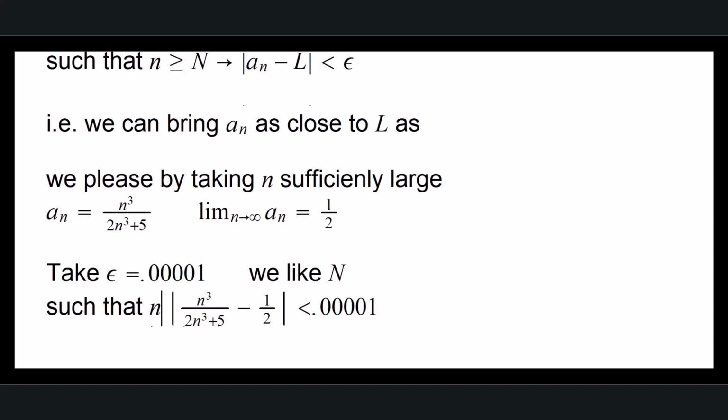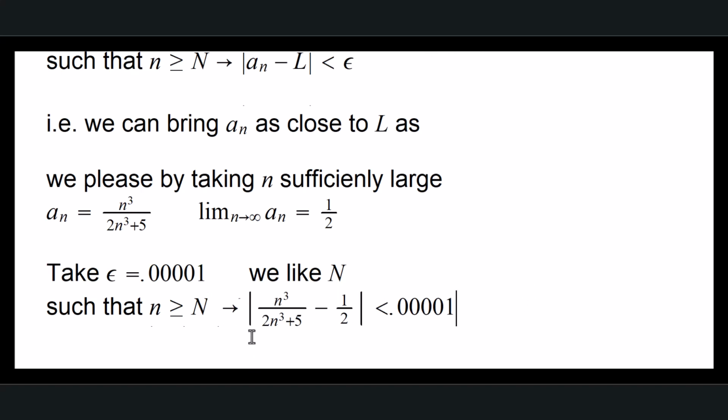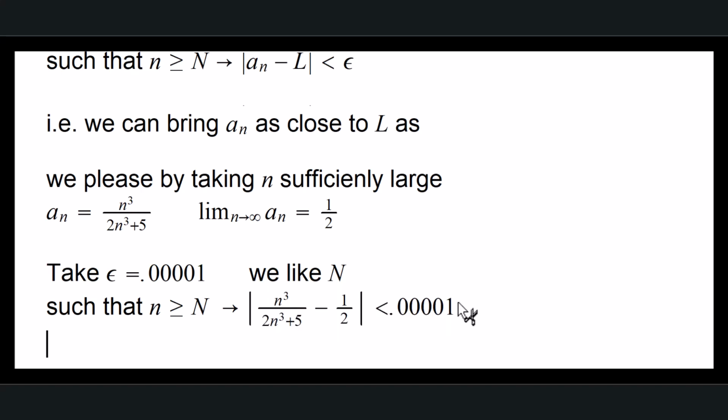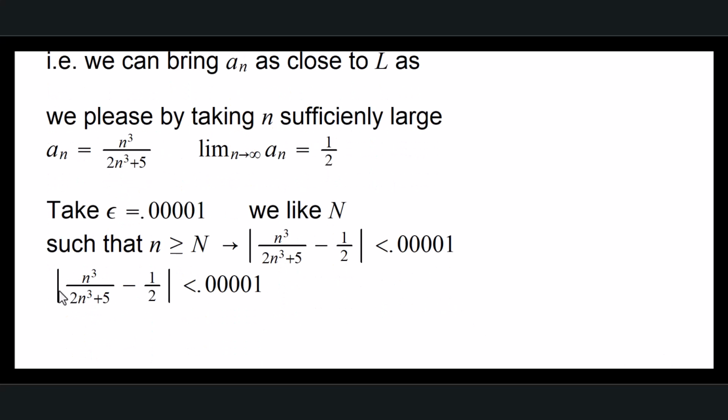In fact, I'm just going too fast here. Little n greater than or equal to N implies that the distance between this and 1/2 is less than 0.00001. So let's go and work on it. That is, say we got this here. So this means what?